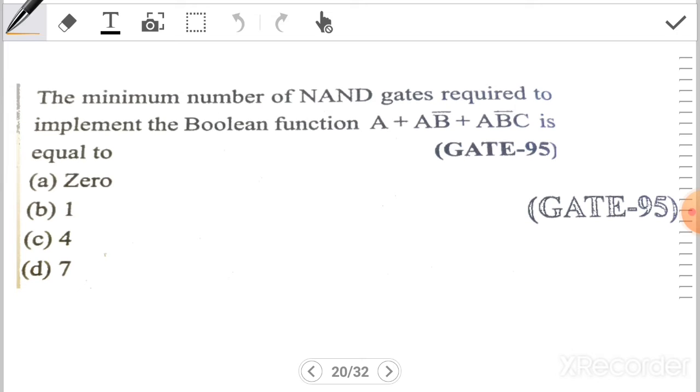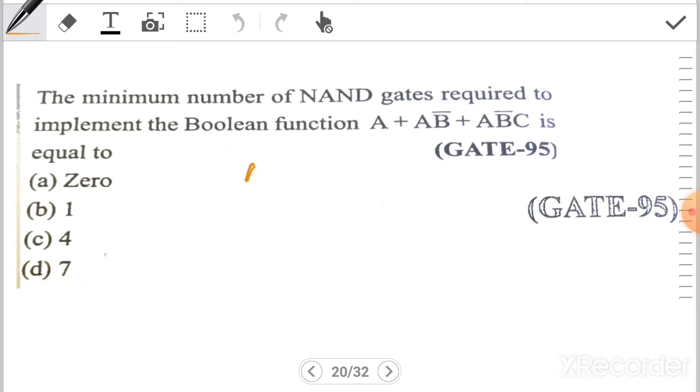The minimum number of NAND gates required to implement the Boolean function is equal to, okay, so let us first simplify this. Yes, we can do that.